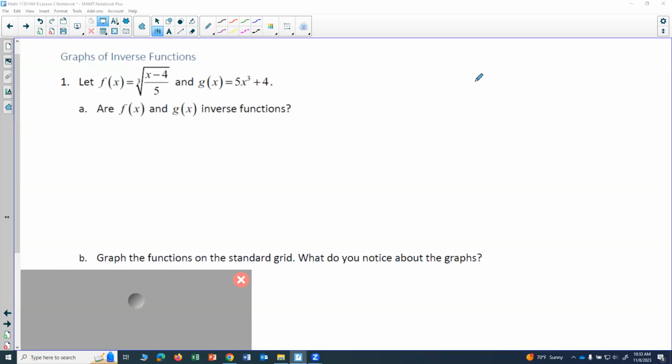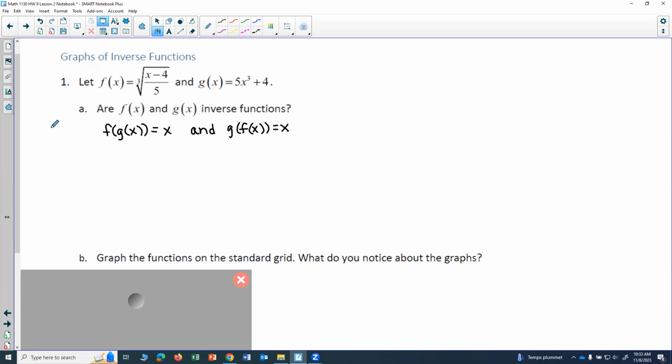The other thing to remember is to check whether or not two functions are inverses. We know that f of g of x has to equal x, and g of f of x has to equal x.